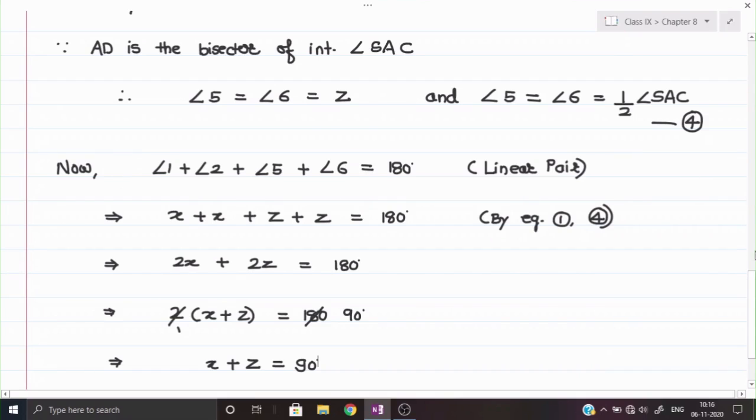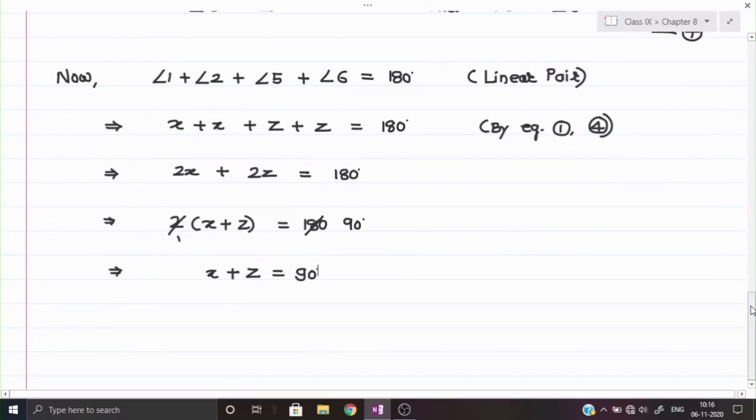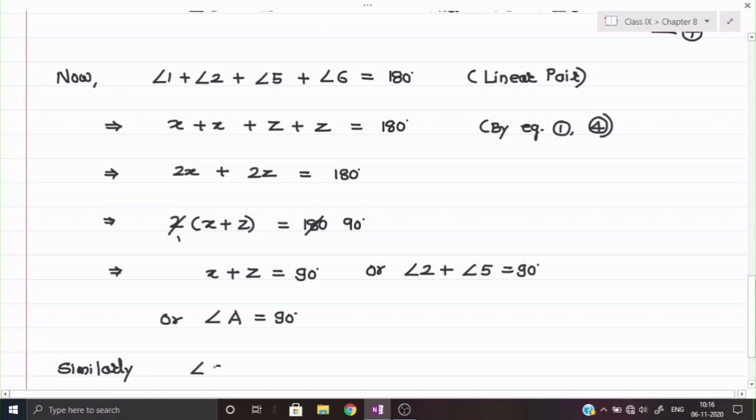So here we shall write down, angle 2 plus angle 5 is equal to 90 degree, or angle 2 plus angle 5 will be angle A is 90 degree. Similarly, angle C will be also 90, that we will show.